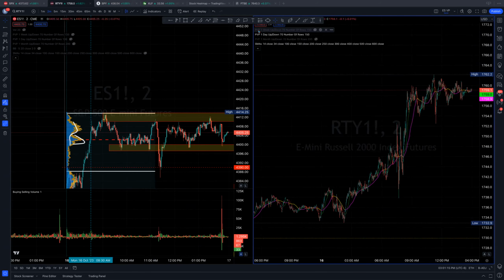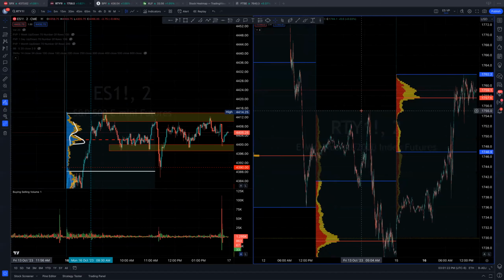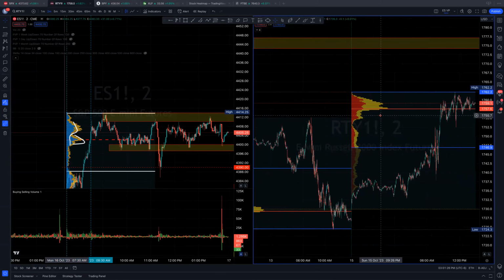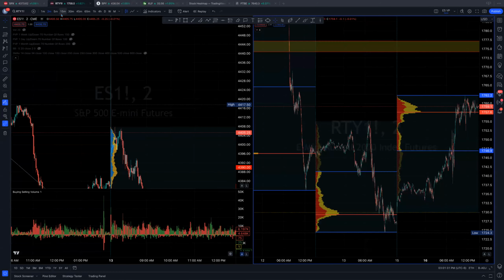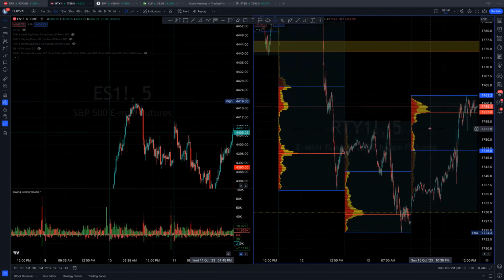Let me activate the volume profile on this. You can see here on RTY. Let me use the 5-minute instead so we can see a little bit better. And this is all part of momentum trading, guys. You can see here on RTY how we previously made a low volume node right here, and we had a rejection right here.